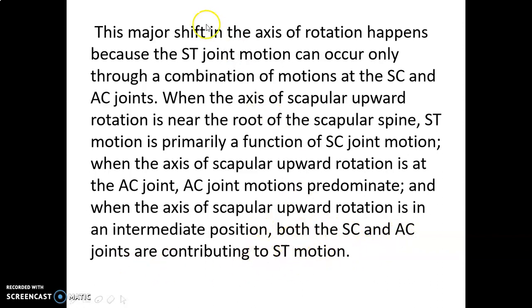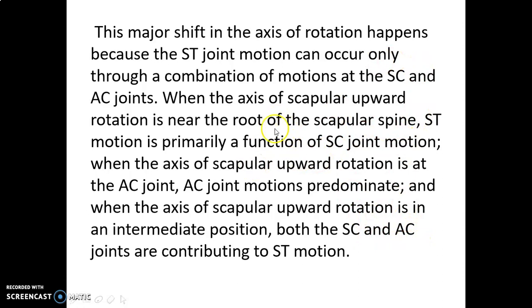We can say that whenever the axis is in the sternoclavicular joint and in the root of the spine of the scapula, the sternoclavicular joint has a major role to play. Whenever the joint axis in the scapular upward rotation comes to the acromioclavicular joint, then the major joint motion happens in the AC joint.